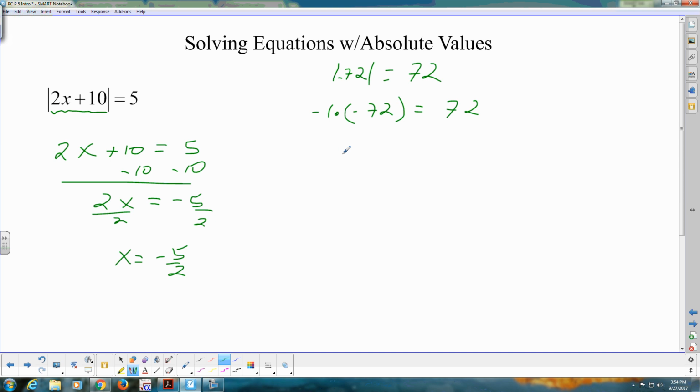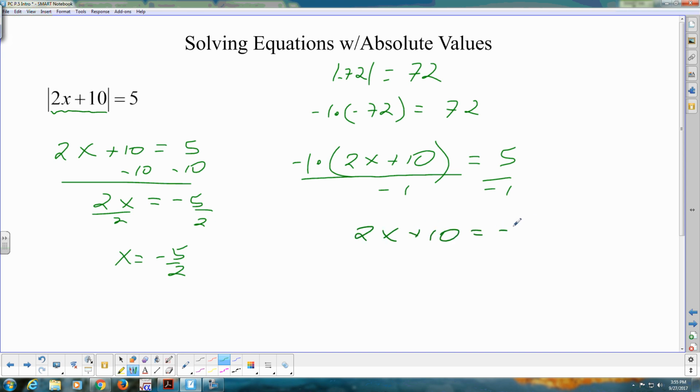Second time around, we have to assume the value of what's inside there is negative, and we have to force it positive. So we're going to multiply it by negative 1, and it still equals 5. You could distribute this inside, or you could just divide it out, which is a little cleaner. Okay, that's a plus. Kind of sloppy of me. Here we go.